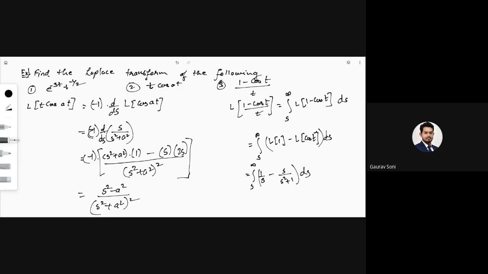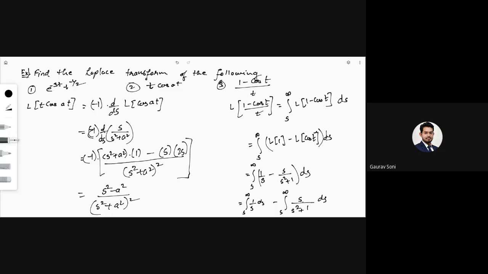So integration also separates over addition and subtraction. So this will be integration from s to infinity of 1 upon s ds, minus integration from s to infinity of s upon s square plus 1 ds.